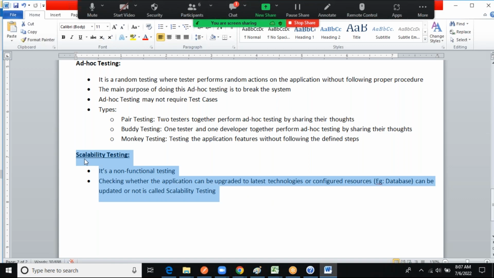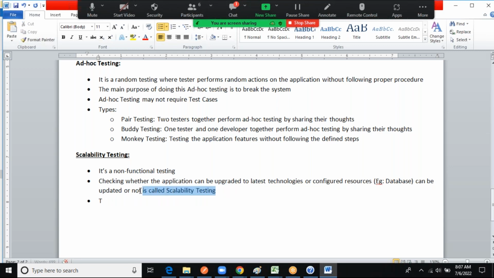So whenever you are developing any application, the customer's expectation is that it should be scalable to meet my growing business needs.